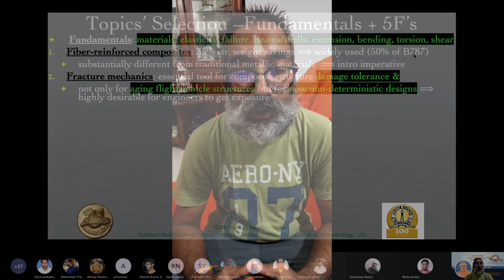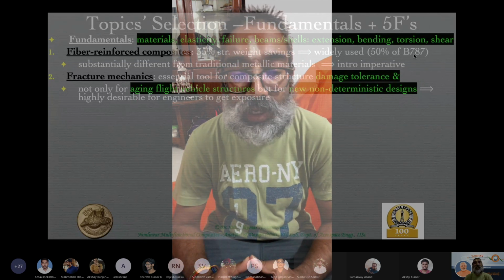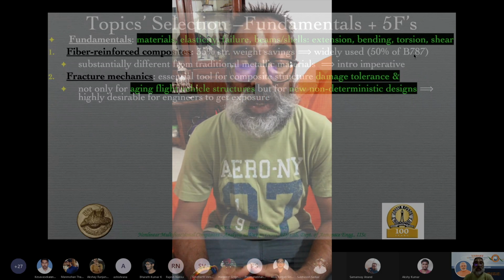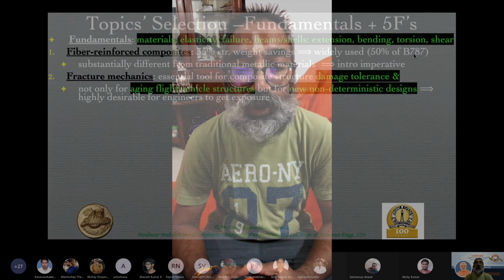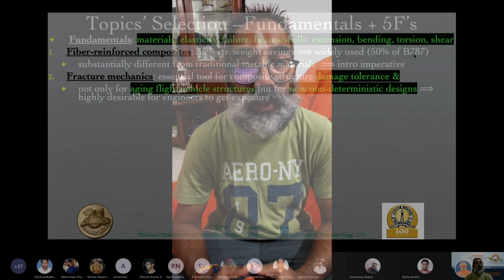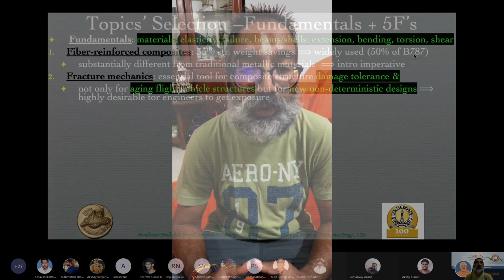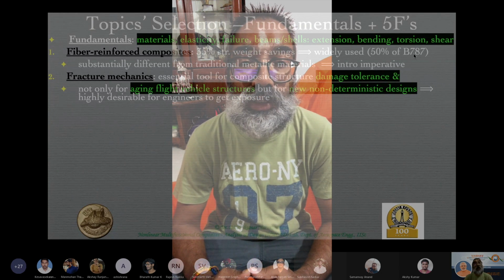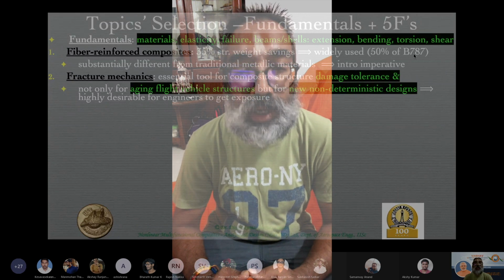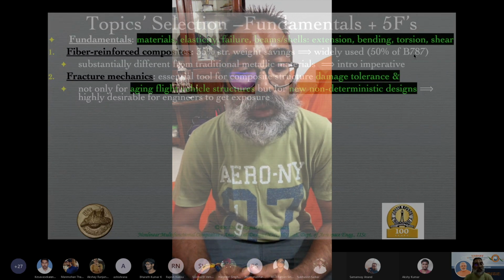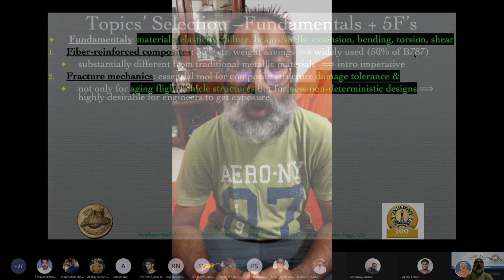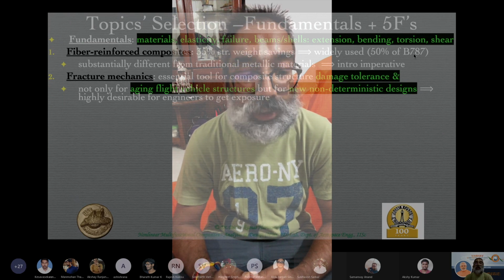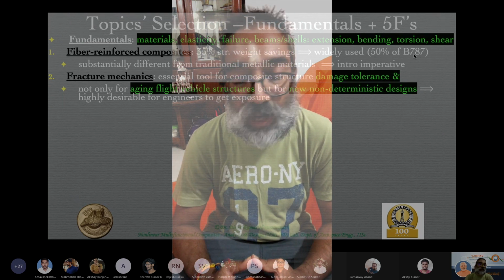This is important not only for the aging flight vehicle structures in understanding their life estimate or extending their lives, but more so for the new non-deterministic designs that we talked about in a little more detail in the previous class, where the material properties are uncertain, the geometries could be uncertain, the model parameters could be uncertain, and therefore we need to look at that. So it's very important for students as well as professional engineers already working in the industry to get exposed to fracture mechanics.